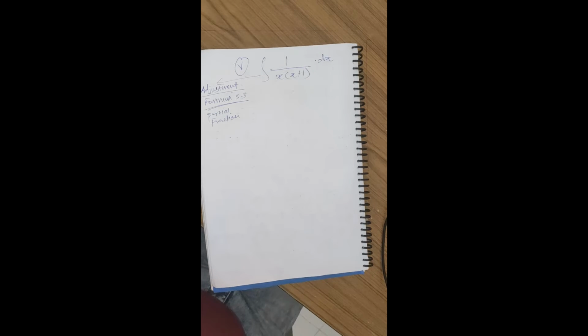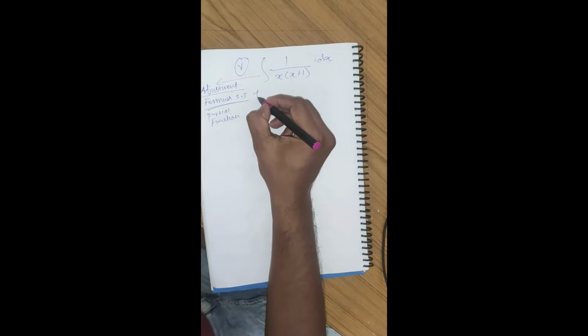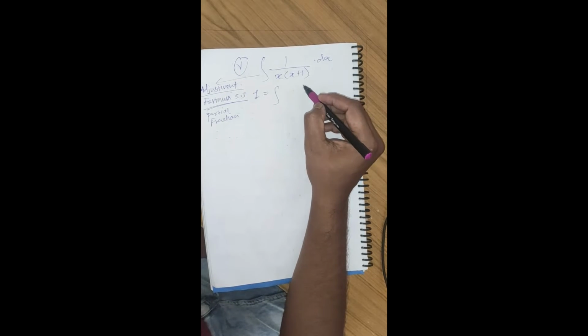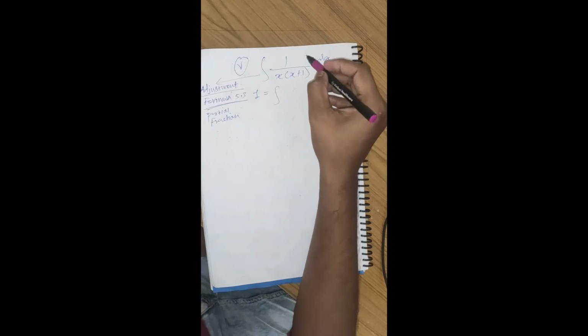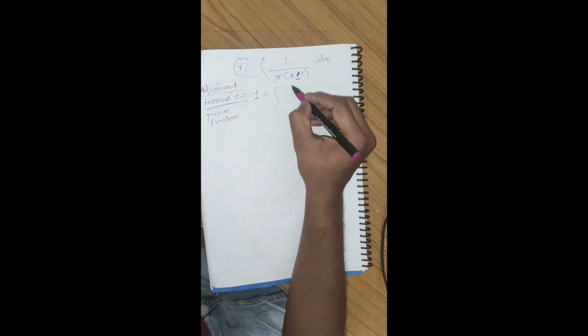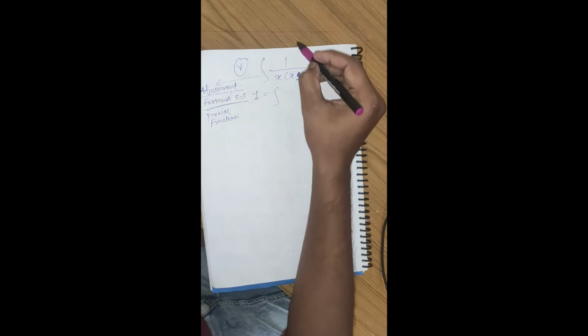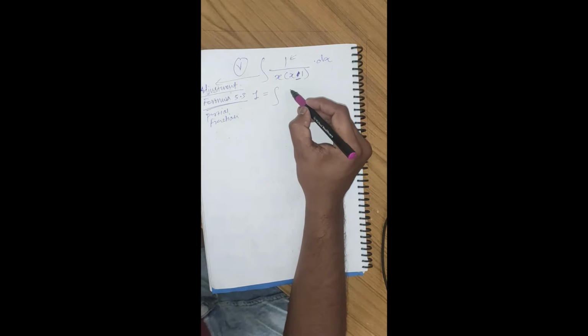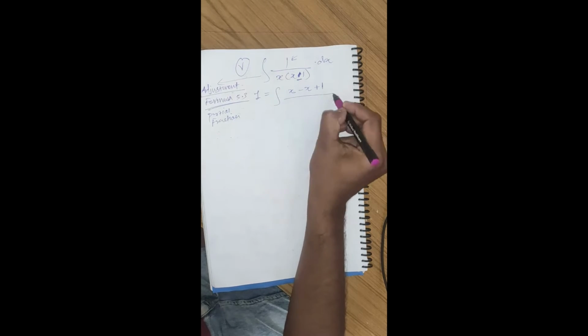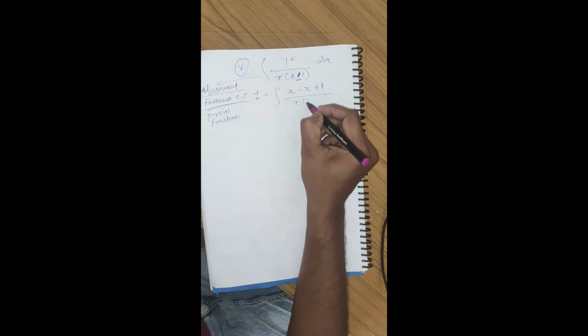So let me check the camera. Right, it's going good. So I is equal to integration of, I'm really sorry, this is minus 1. Okay, so see what I'm doing here is in the place of 1 here, I'll add x and subtract x and then keep 1 as it is, divided by x in bracket x minus 1.